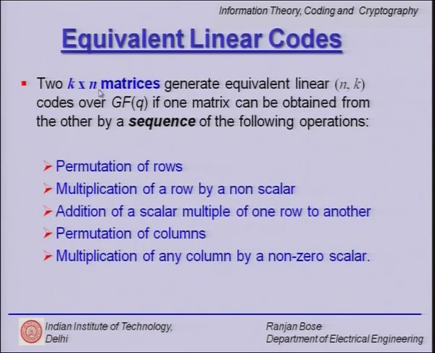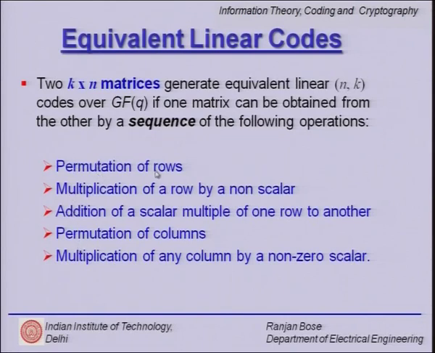So, if two k cross n matrices generate equivalent linear codes of dimension n comma k over GF(q), then one of the generator matrices can be obtained from the other using a sequence of operations given as follows.